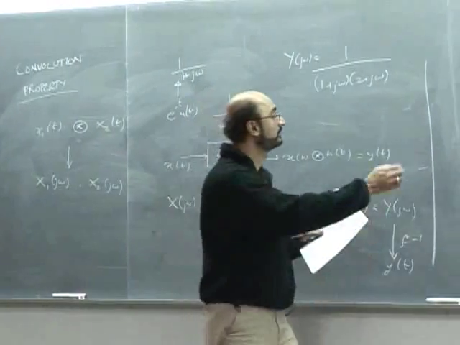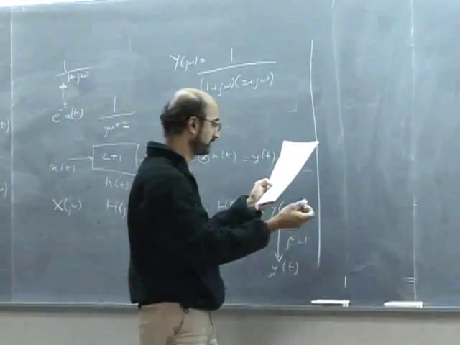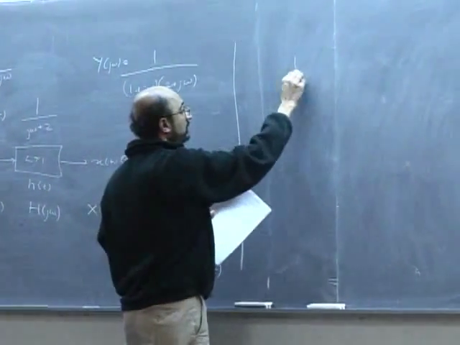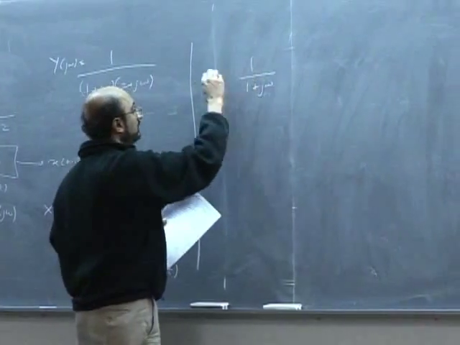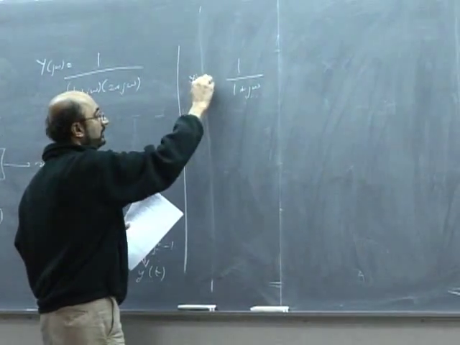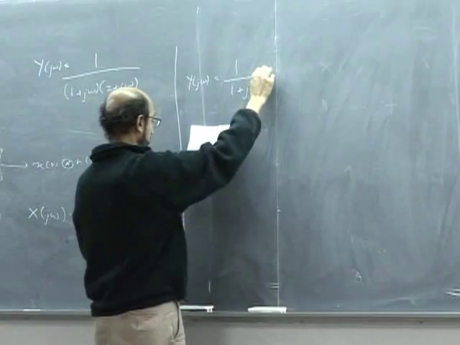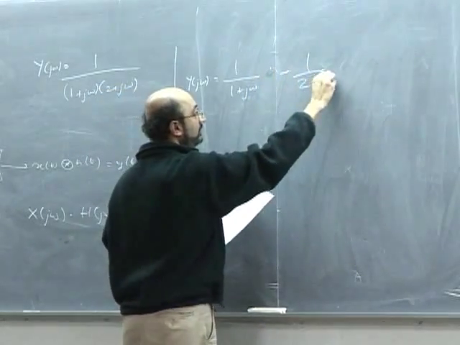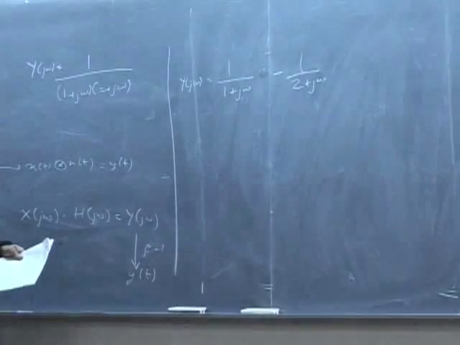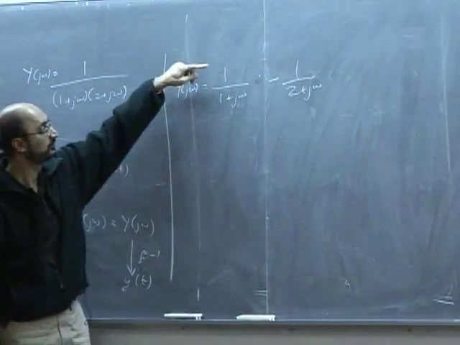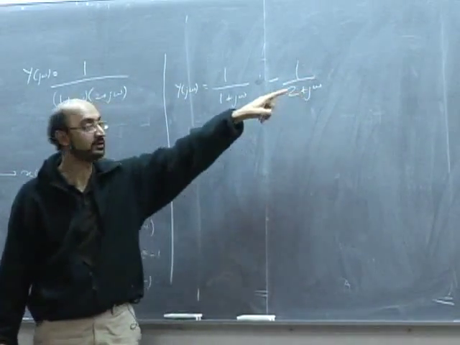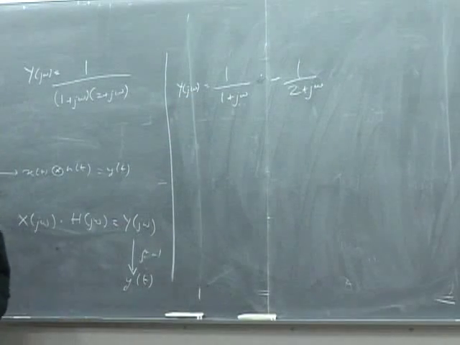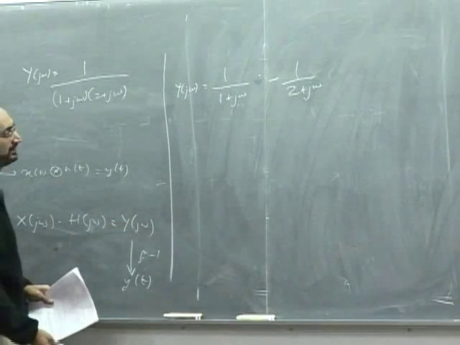For now, I'm just going to tell you the answer: Y of j omega equals 1 over 1 plus j omega minus 1 over 2 plus j omega. You can just see that this works because you have 2 plus j omega minus 1 minus j omega, so you get 1 over this, which works out nicely.